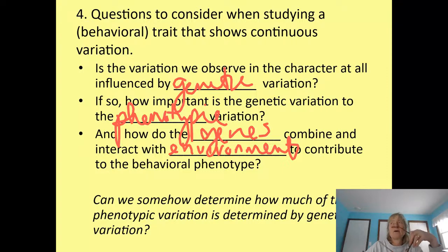Can we somehow determine how much of the phenotypic variation is determined by genetics, by variation in the genes? That's what we're interested in, if we're thinking about whether this trait is something that's passed along. Do genes somehow contribute to the variation we see in this trait? That's what we're trying to sort out.